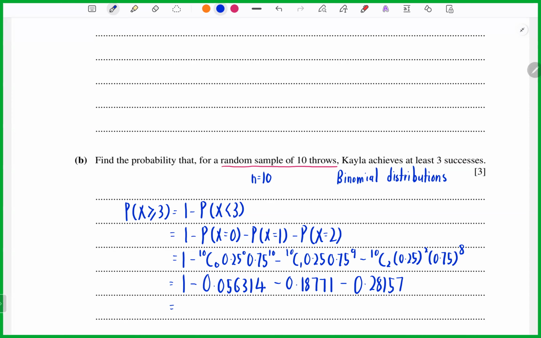Okay, so let's find out the answer. 1 minus 0.056314 minus 0.18771 minus 0.28157. So you will get the answer is 0.474. Make sure your answer is in 3 SF.